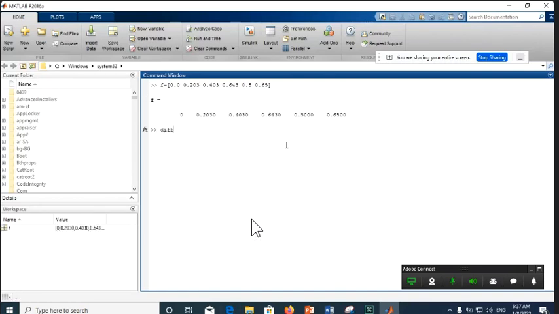You can compute this by this simple command, the answer is this value.